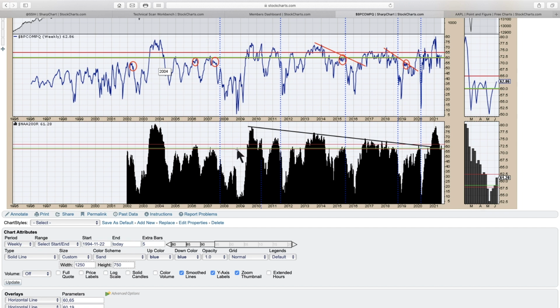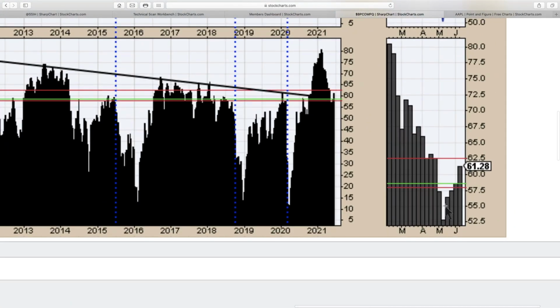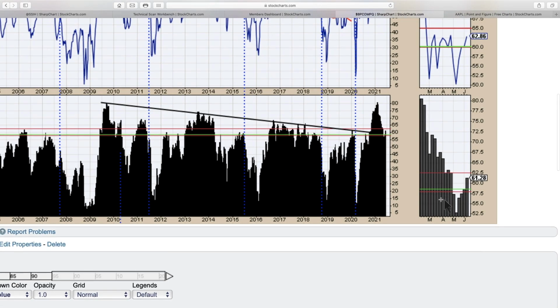I have placed these two red lines on here, and then normally what I do each week is I go in and I just type in the value of the closing number and put my green line on here, so that I can just use it as a reference point. And the only thing I would say is, in this case, market's holding up pretty well, but if all of a sudden the market was to start to take a meaningful dip below 55%, that's probably starting to get cautionary.